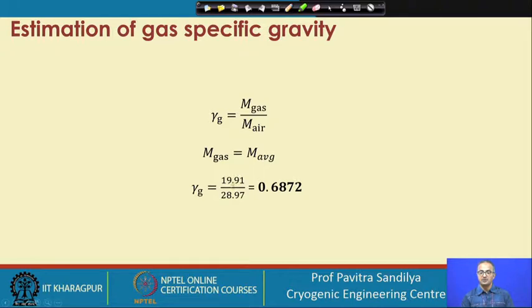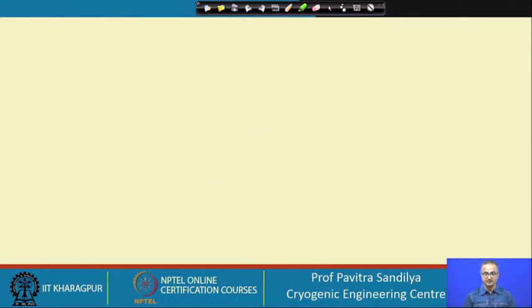We put this value here and we find that it is 0.6872. It means that this natural gas is lighter than air. That means if any leakage happens in the system, the gas is going to rise up and get dispersed.